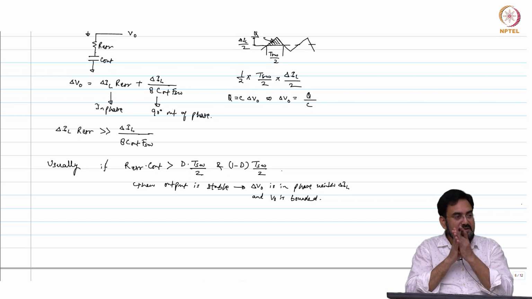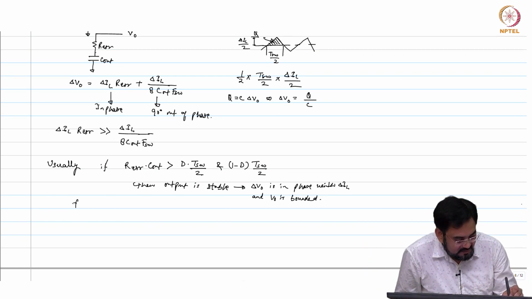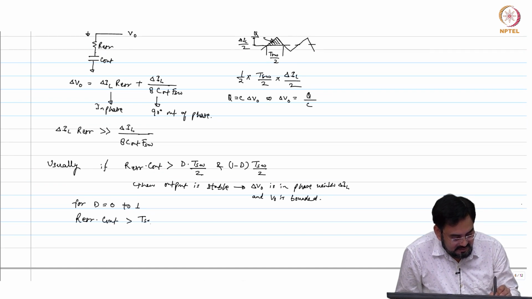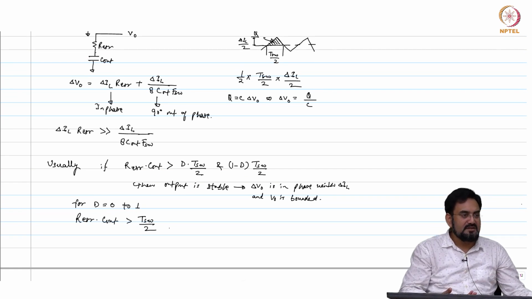And if you want to cater to the full range 0 to 100%, what does it mean? For D equal to 0 to 1, RESR C out should be greater than TSW by 2. And if you do your hand calculation, you will see this is a 0 actually.